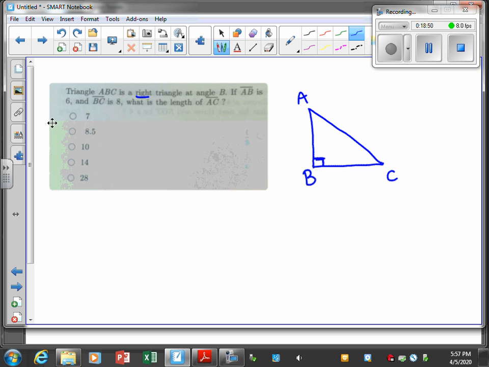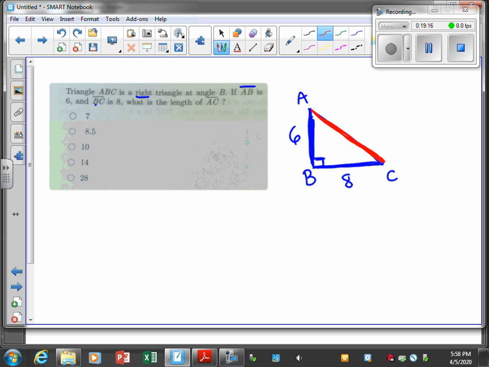Okay. Next, they're going to give us descriptions. They'll say if from A to B, so A to B right here is 6. Label it. B to C, segment BC here is 8. What is the length of AC? So the question is, they want us to know what is this side.